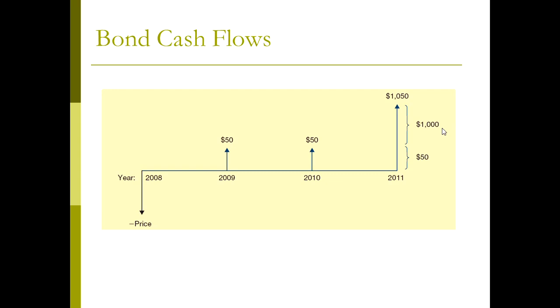So what is the coupon payment? The coupon payment is the periodic payments over the years of the bond's life. So in 2009, the first year, you received the first $50 coupon payment. Second year, another $50 coupon payment. Last year, the final $50 coupon payment, together with the face value payback.